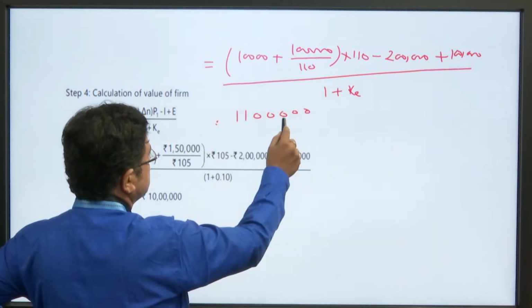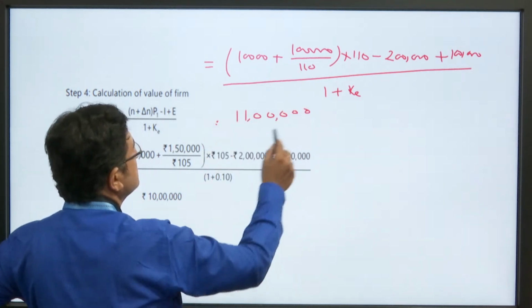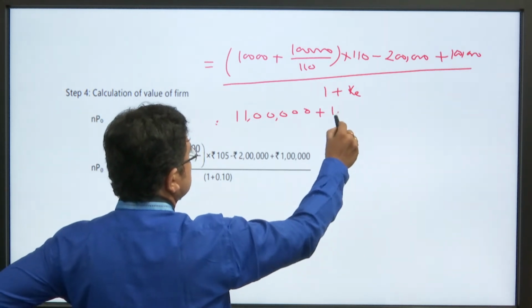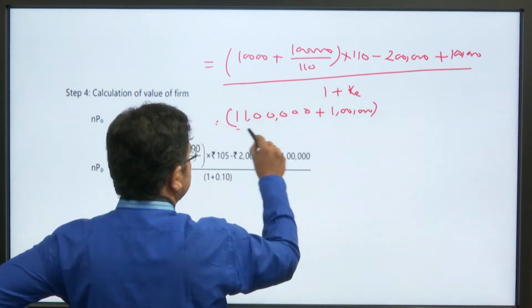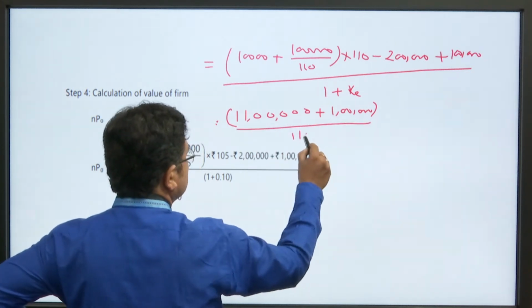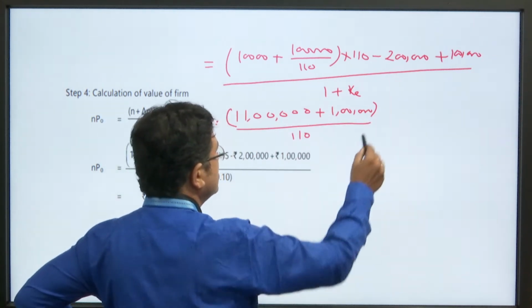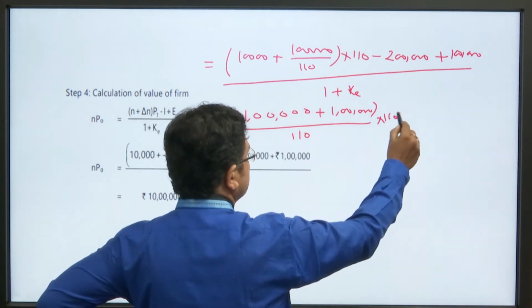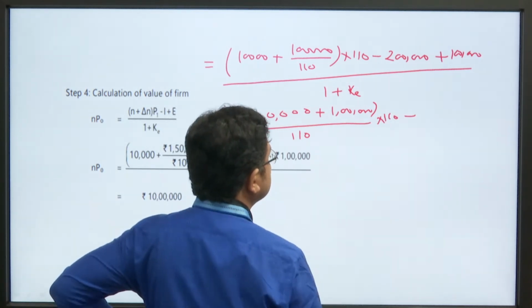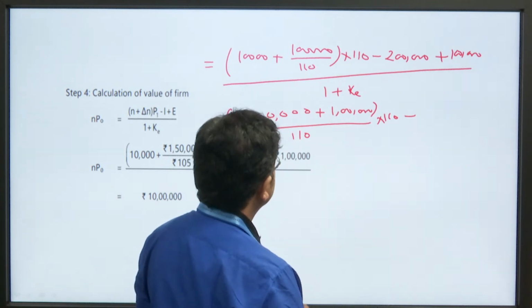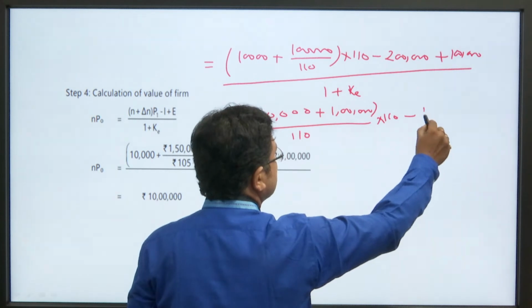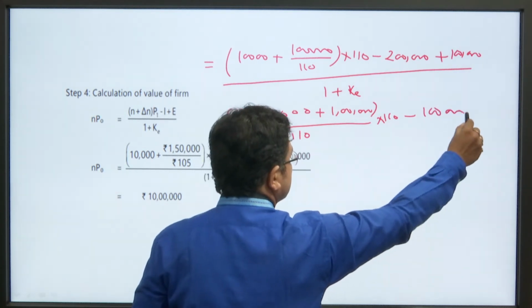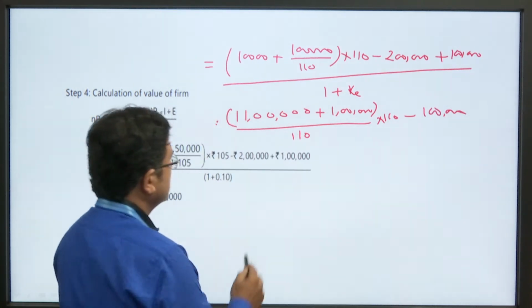So, 11 lakh plus 1 lakh, divided by 110 into 110, minus 2 minus this 1 lakh. Okay, fine. Solve this one.